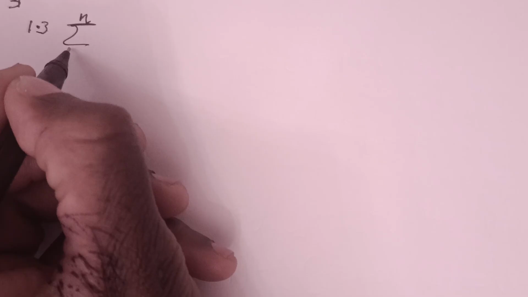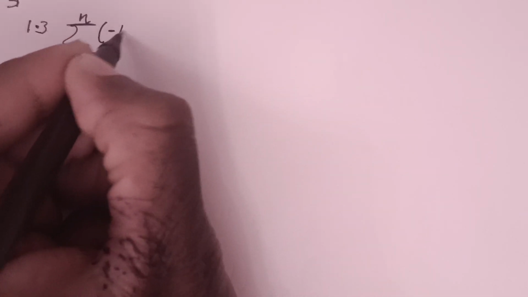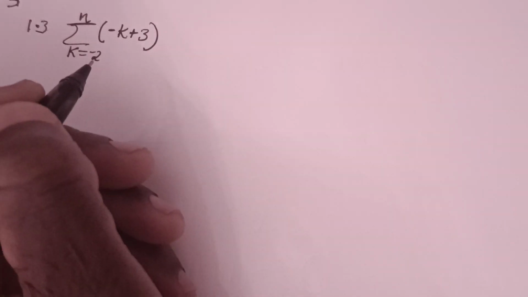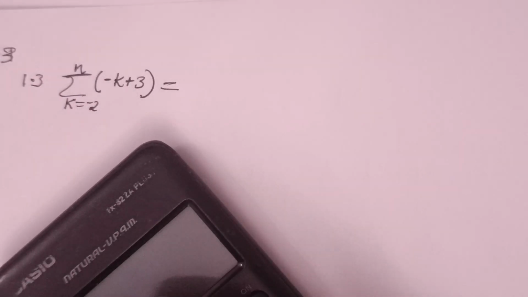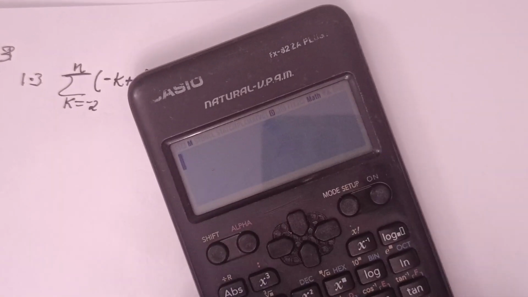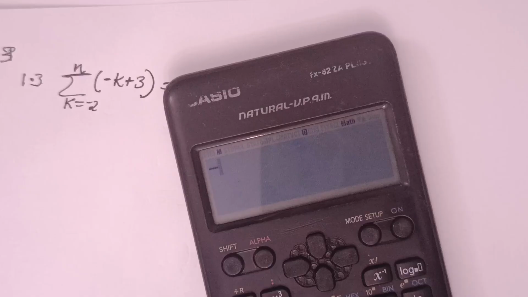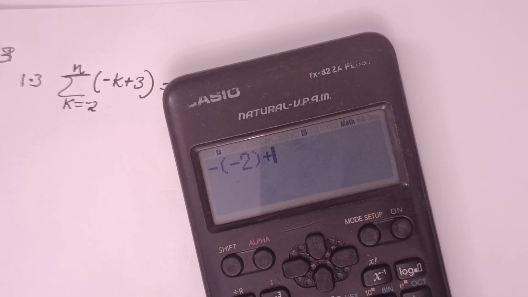Now, let us put this into practice. The sum up to n, the sigma from k equals minus 2 of minus k plus 3, is equal to, if you put in your first term when k is minus 2, it's minus minus 2, plus 3.